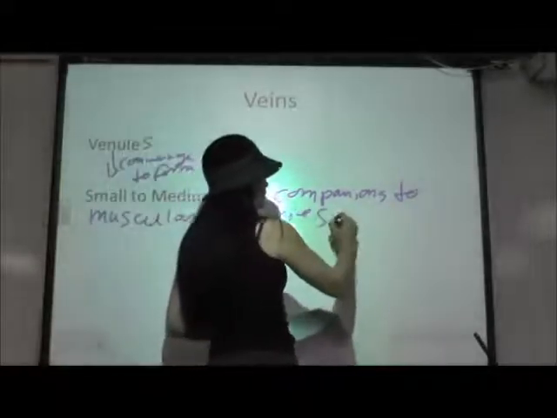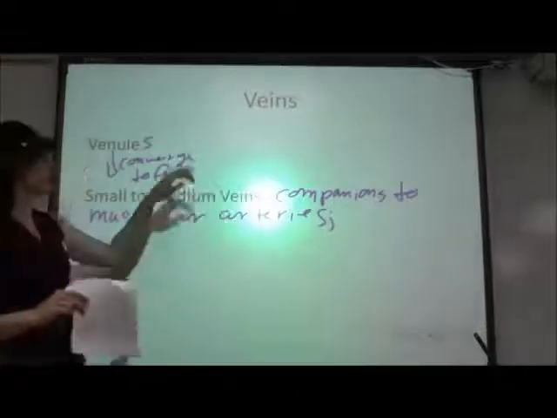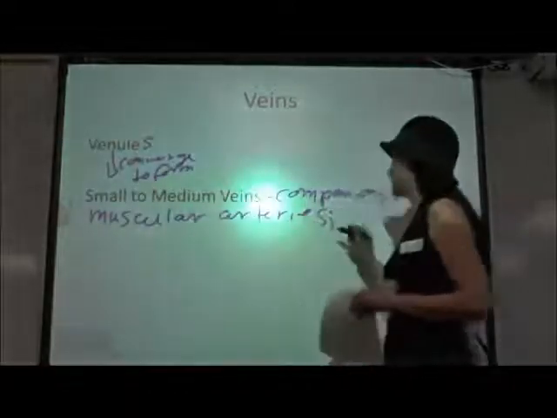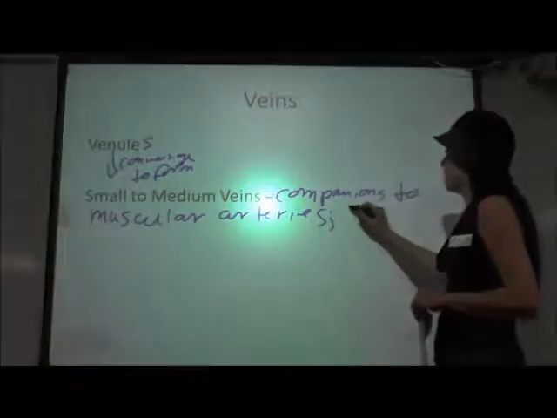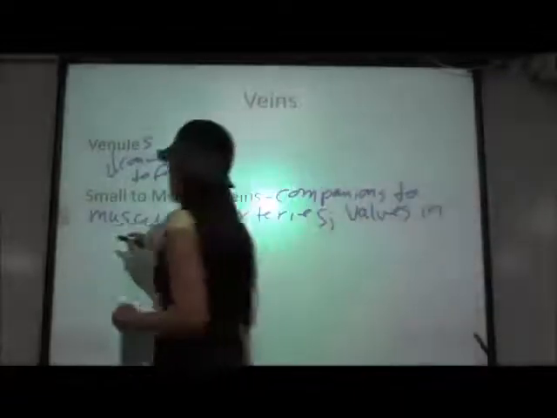In our small and medium veins, this is where we start seeing our valves. Your venules don't have valves, but the larger of your small veins do. So this is where the valves in the tunica intima appear.